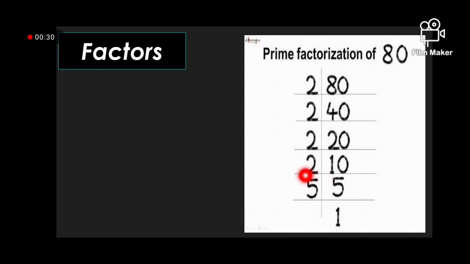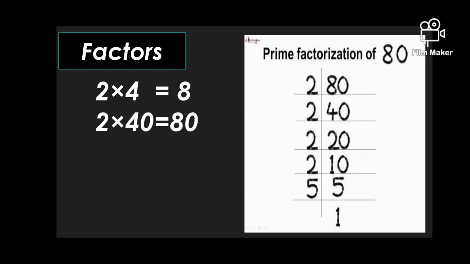Now 5 is not an even number. It's a prime number. It can be divided by 5 only. So 5 1s are 5. So the factors of 80 are 2 4s are 8 and 2 40s are 80.